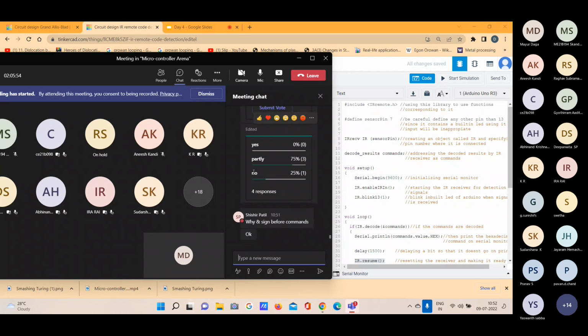Those who didn't understand the code can ask the doubt if you have any. Is it understood?